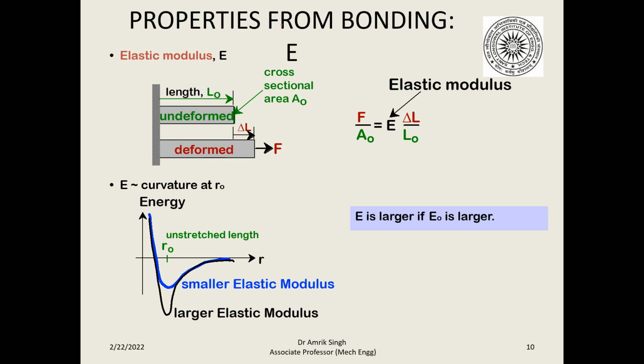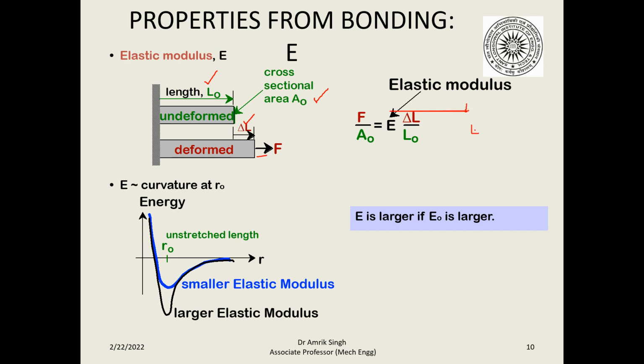Now, property from bonding. Suppose one end is fixed, and we have a bar having a length L0 and cross-sectional area A0. When the force F is applied, the length is increased by a small amount delta. So F upon A0 is equal to E into delta upon L0. How has it come?